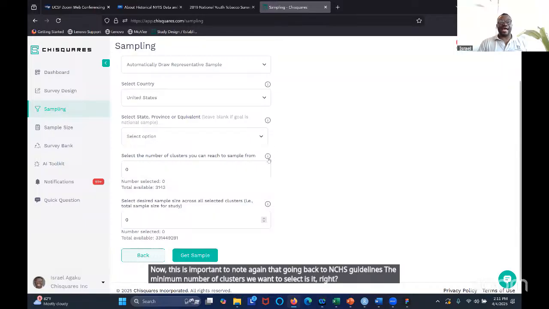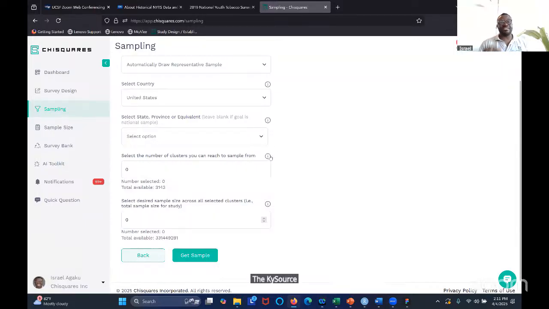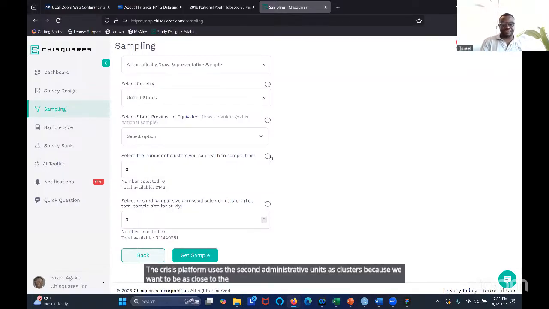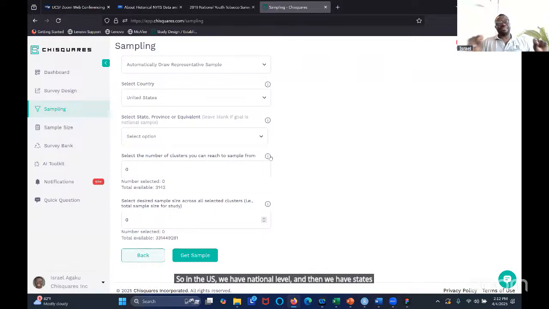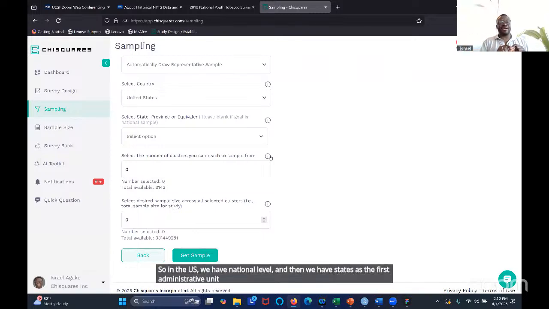And the Chisquares platform uses the second administrative units as clusters because we want to be as close to the ground as possible. The second administrative units are counties or county equivalents. So in the US, we have the national level, and then we have states as the first administrative units, and then we have counties under states as second administrative units.